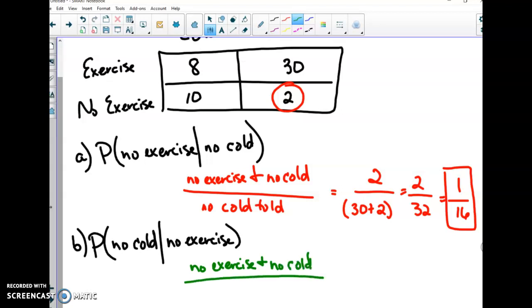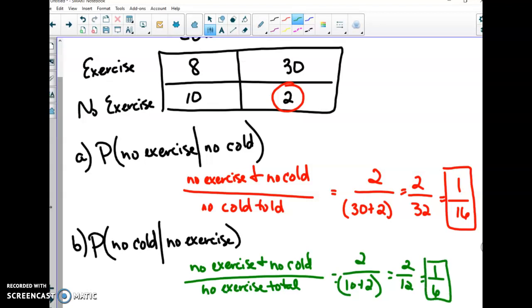But this time, this is going to be over the did not exercise, so the no exercise total. Okay, so I have 2 over 10 plus 2. 2 over 12, which ends up equaling 1 over 6.